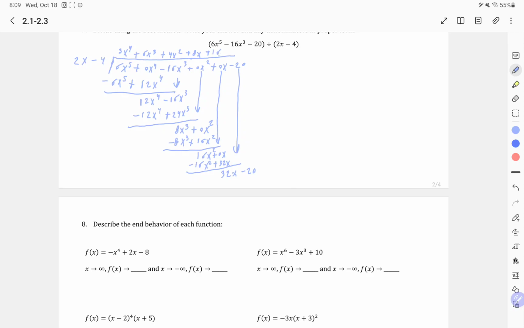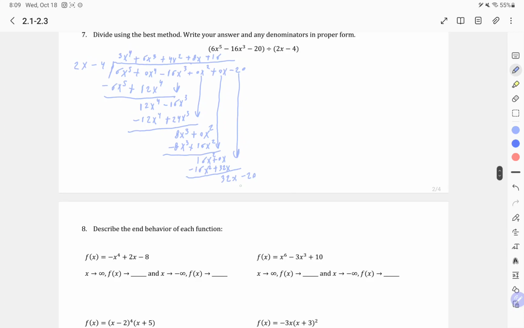Plus 16. Now we multiply plus 16 to 2x minus 4. And what that gives us is 32x minus 64. Now, the remainder of this thing is 44, which brings us to the conclusion that this entire equation is this.